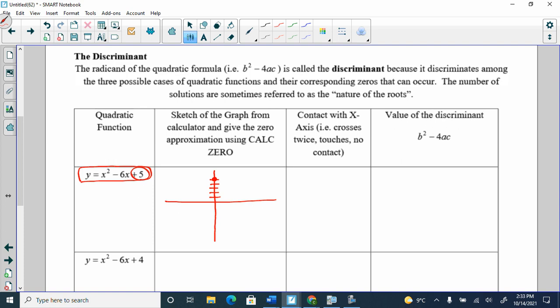I want to find my vertex. Well, it's a minimum, so I'm going to find the minimum. Second, trace, minimum, number 3. Left bound, right bound, enter. And I get 3 and negative 4. So I have a vertex at 3 and negative 4.